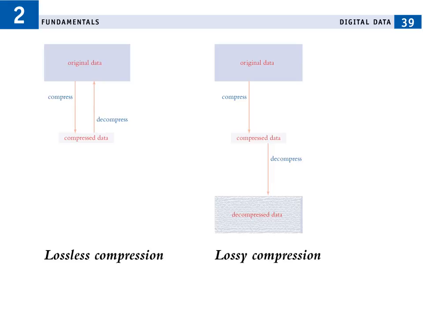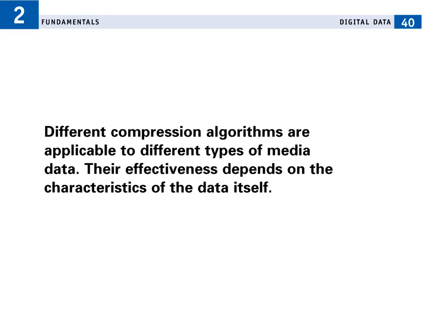When you decompress it, you get decompressed data, but this data is not the same as the original data. So we call it lossy compression. There are a number of different compression algorithms that we use for the various media data types.